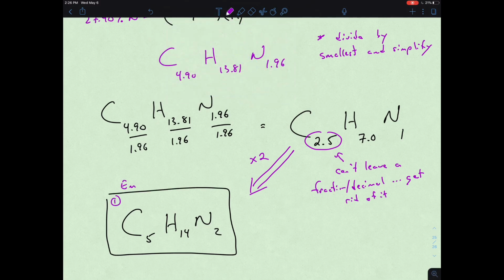What is the empirical formula for this poison? Same idea as before. We got to get to moles of each one of the elements. Once we get to moles of the elements, we can then start to develop the ratio, develop the relationship between one element and another within the molecule, and then develop the empirical formula.